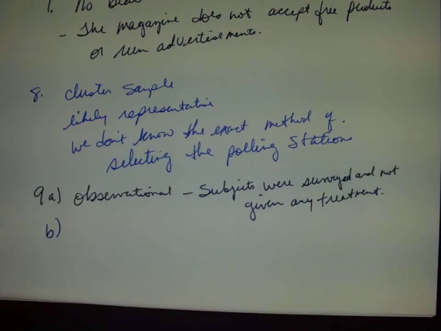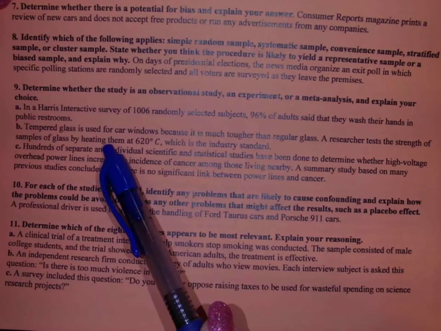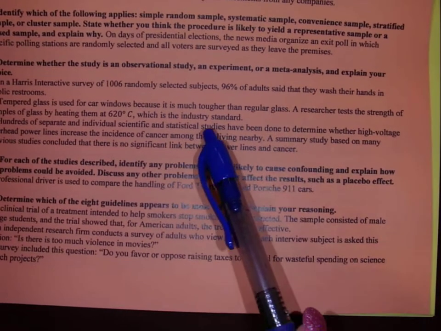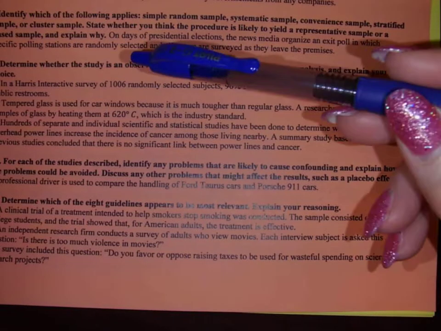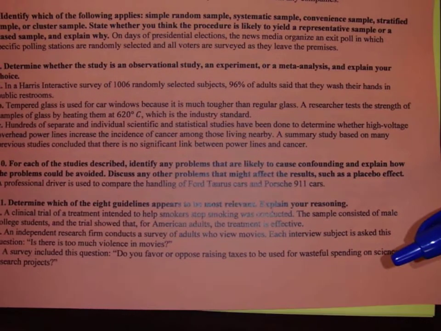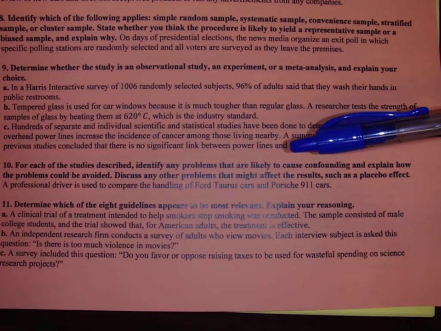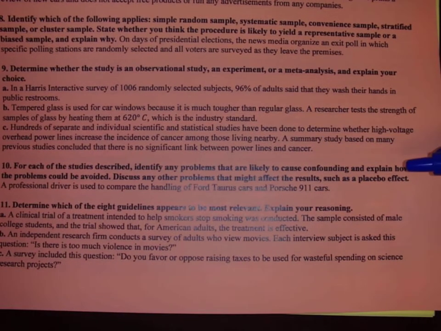All right, part B. Tempered glass is used for car windows because it is much tougher than regular glass. A researcher tests the strength of samples of glass by heating them at 620 degrees Celsius, which is the industry standard. So is this one observational, is it experimental, or is it a meta-analysis?